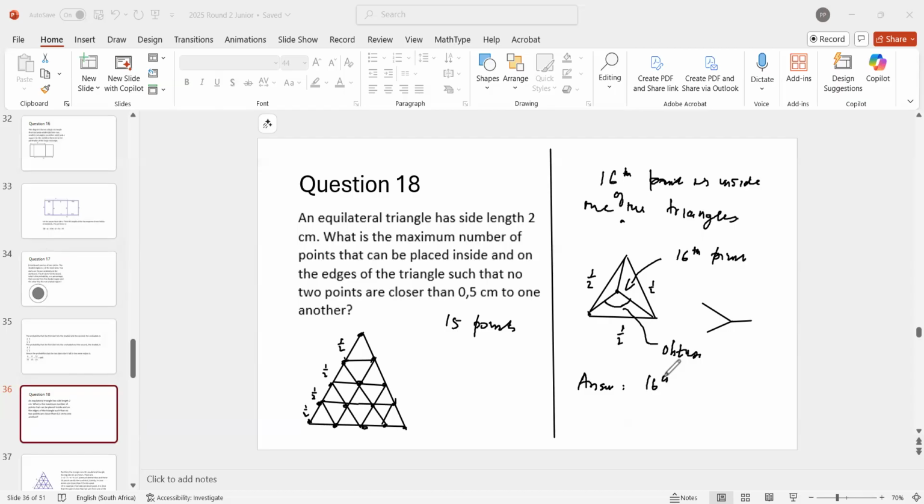See, 15 satisfies the condition. That means no 2 points are closer than half, but 16 does not. So the maximum number of points that can be placed inside is 15.